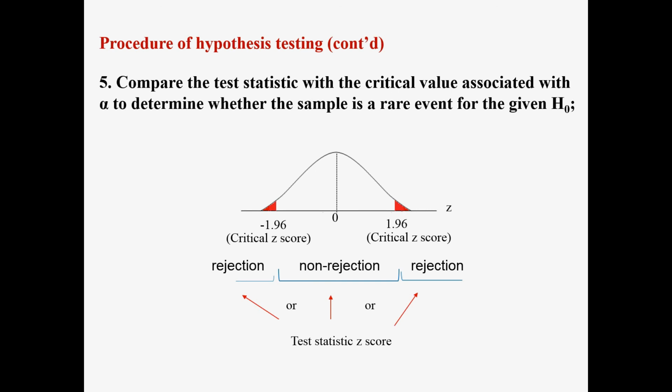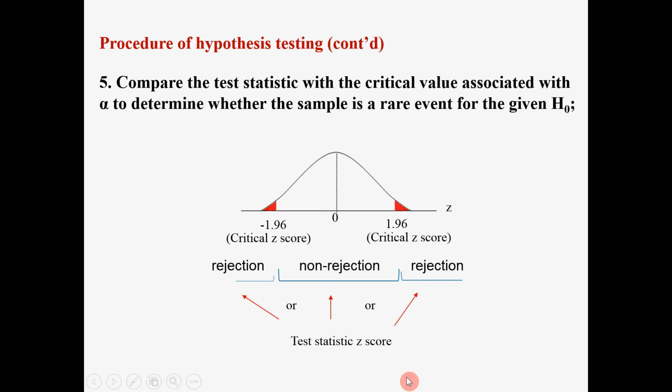Or if the sample mean test statistic z-score is larger than 1.96, then we know that the sample mean falls in the upper tail rejection region. It is a rare event for the given null hypothesis. Therefore, we will also have to reject the null hypothesis.